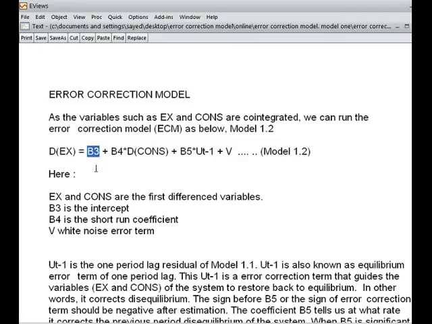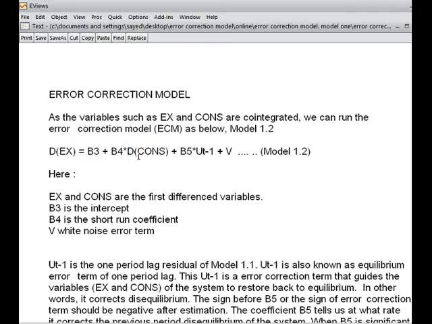B3 is the constant or intercept of the regression model, and B4 is the coefficient of variable decons. What does decons mean? First difference of cons variable.